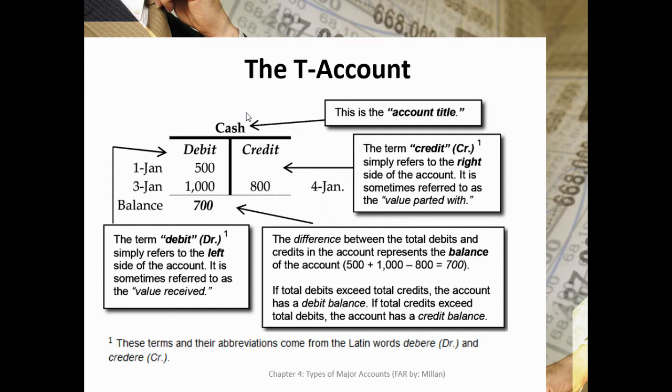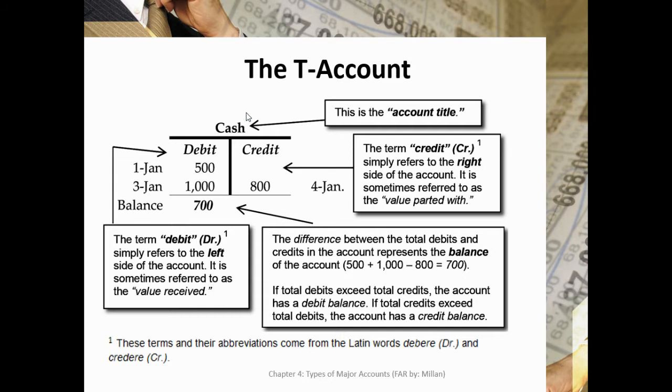of the account. Sa debit, basta lagi niyong tandaan, pag debit, naka-left side siya ng T account. It is sometimes referred to as the value received. Kung kunwari cash yung T account mo, kung magkano natatanggap mo, value received mo, ilalagay mo daw siya sa debit side or sa left side ng T account.